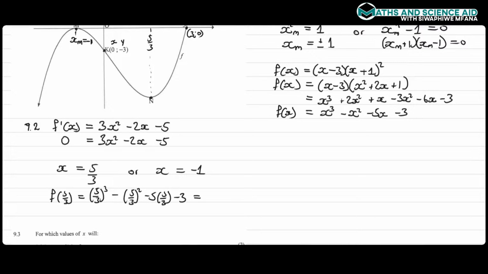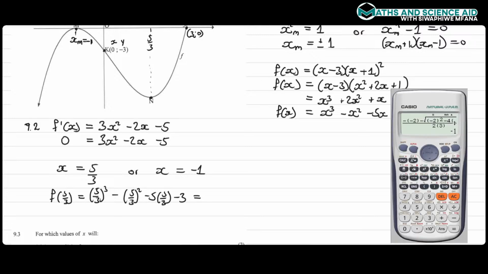So we need to punch this into our calculator. Okay, so let's do that. So we've got 5 divided by 3 cubed minus 5 divided by 3. Oops, we need to square this one, so I need brackets here.